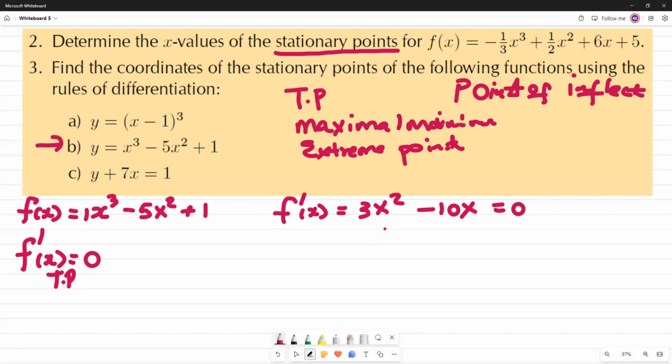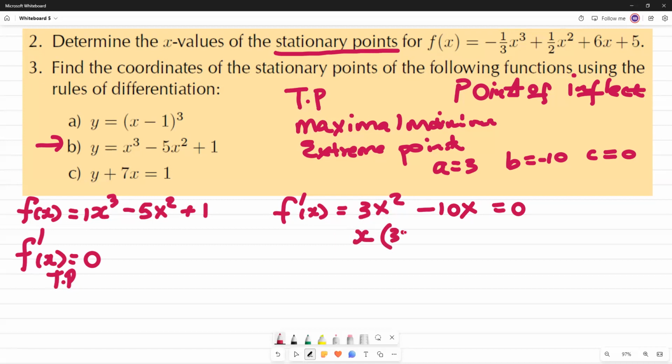And then from here, we can easily see that we need to solve for x now. Someone can use the quadratic formula, but remember, if the c is not there, you can always take out a common factor. But if you use the quadratic formula, you'll still get the same answers. Your a will be 3, your b will be -10, your c will be 0. But in this case, I'm going to take out a common factor of x.